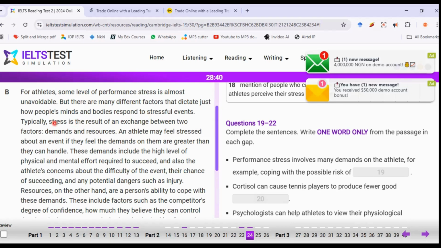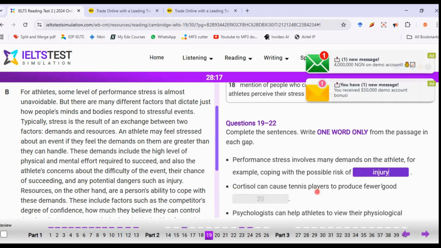Possible risk of stress. No, it's not stress. These demands include high level of physical and mental effort required to succeed, and also the athletes' concerns about the difficulty of the events, their chance of succeeding, and any potential dangers. That's it. Possible risk of injury. Injury, that's the word.